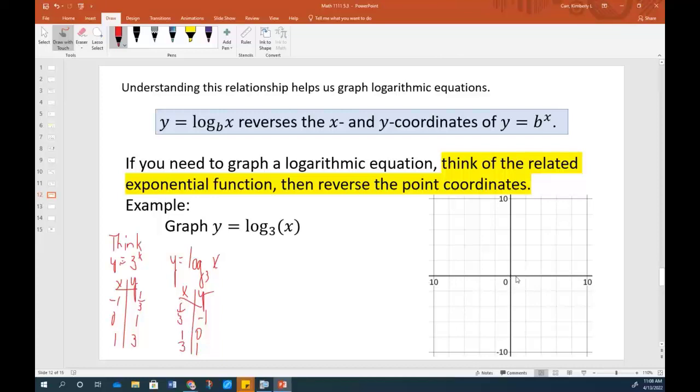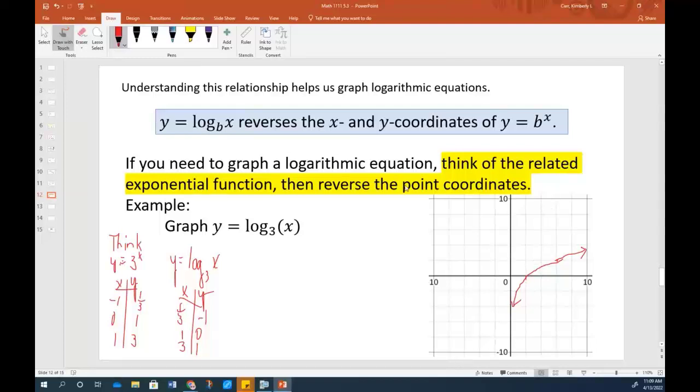So 1/3 is barely over, and then 1 down, and then I would have 1, 0, and then 3, 1. What happens is that instead of having that horizontal asymptote, what we now have is a vertical asymptote. And it should reflect over the line y equals x.